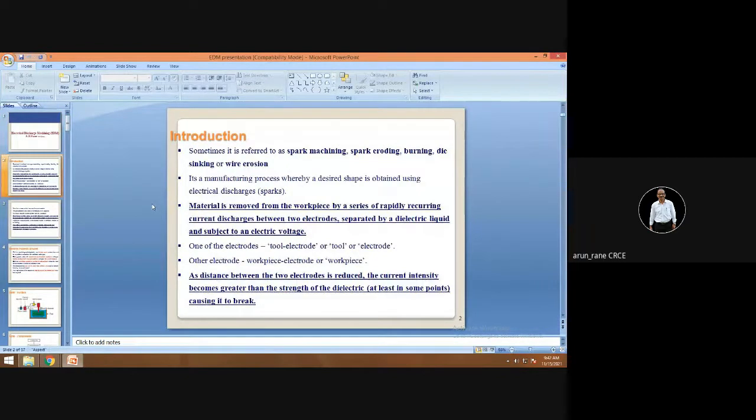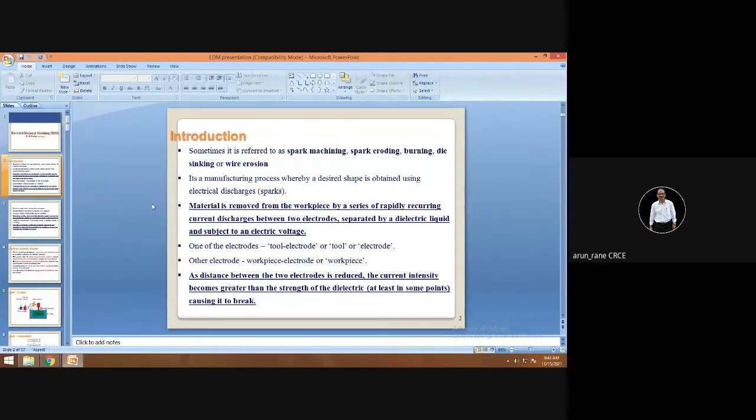EDM, that is electro discharge machining, is also called spark machining, spark welding, burning, die sinking or wire welding. These are the different names for EDM, so you should not be confused. Even if it is asked in a short note, describe spark welding or describe die sinking, you should not be confused.